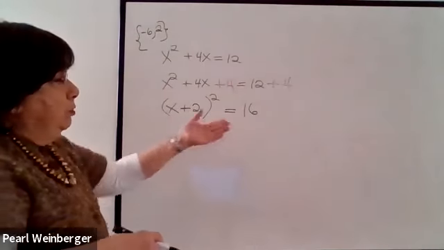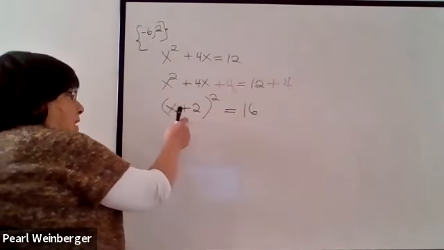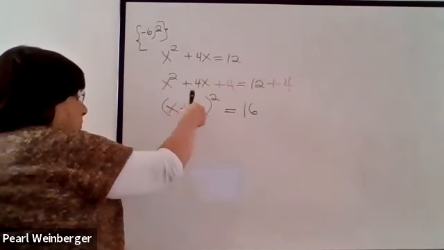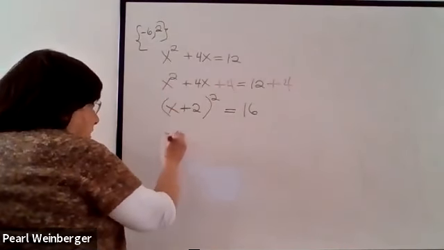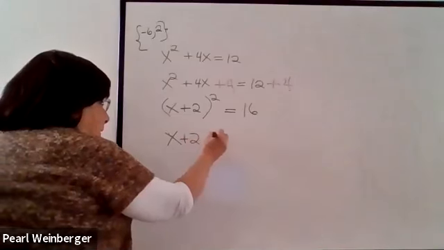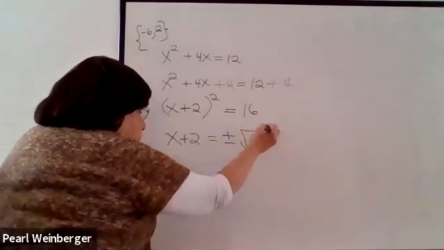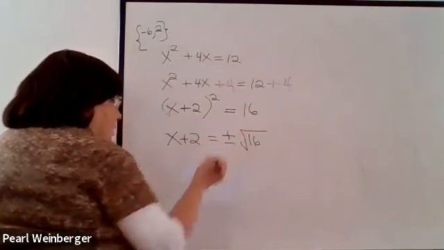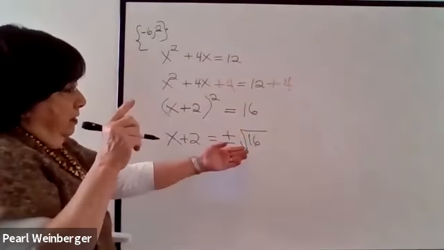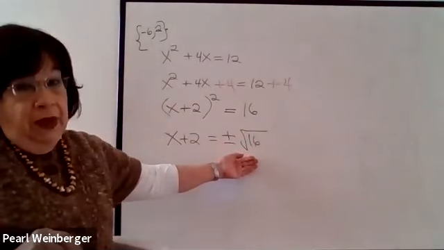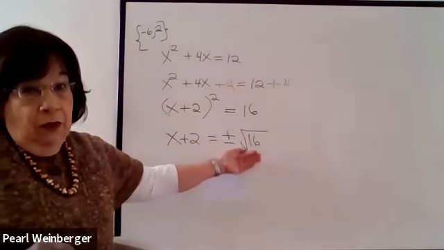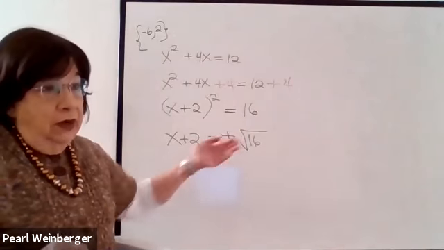I can take the square root of both sides. On this side, when I take the square root, it just gives me what's inside the parentheses, the x plus 2. On the other side, I get plus or minus the square root of the number, or the square root of 16. Again, this number might not be a perfect square.